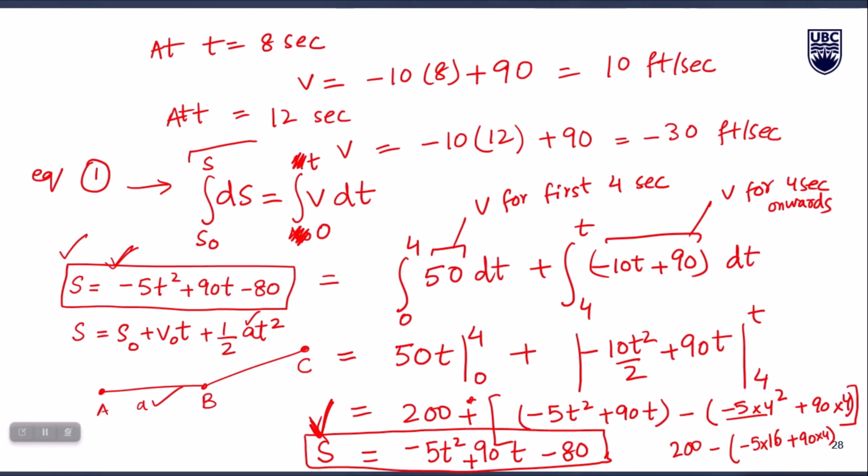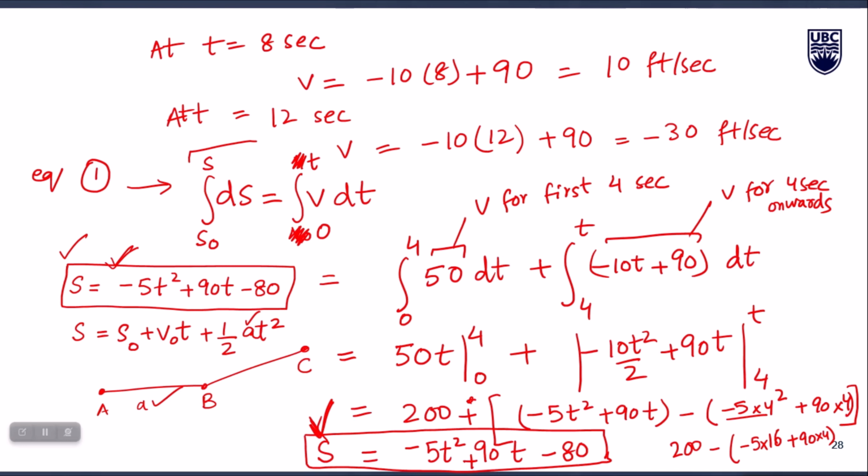Therefore you have to divide your whole problem into two parts. The first part should be only for t equal to 0 to 4 seconds, which is a very simple case. Acceleration is 0, which means you will simply have s equal to vt, where v is a constant value for the first 4 seconds.